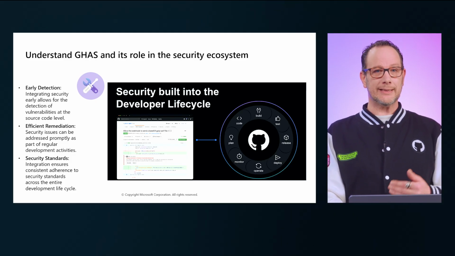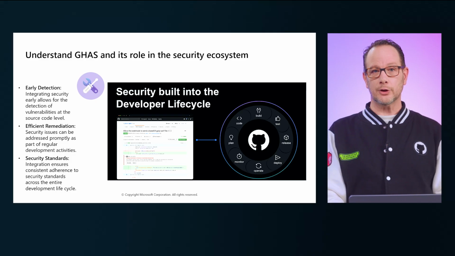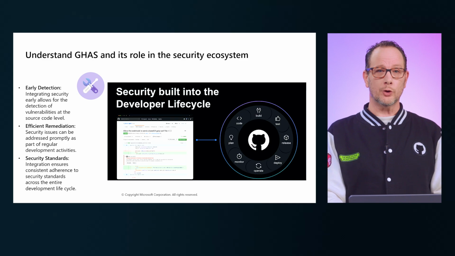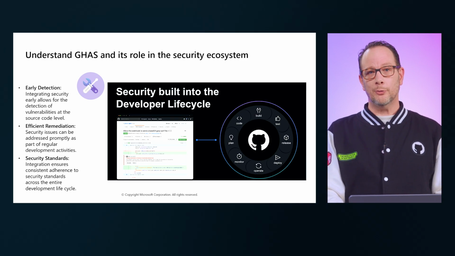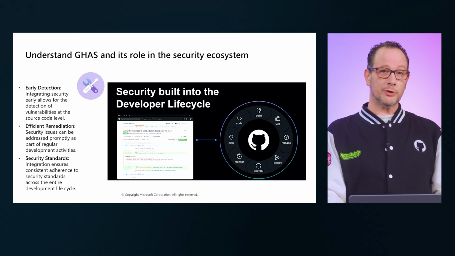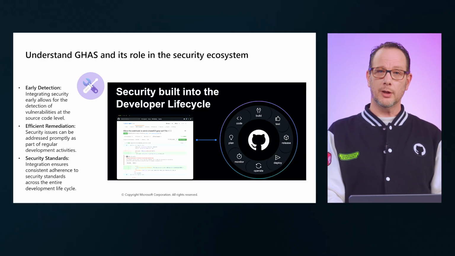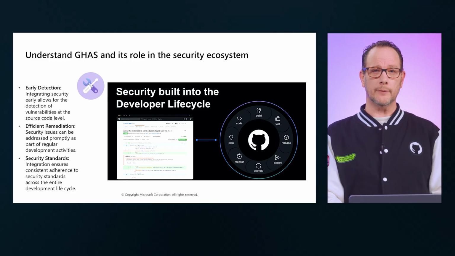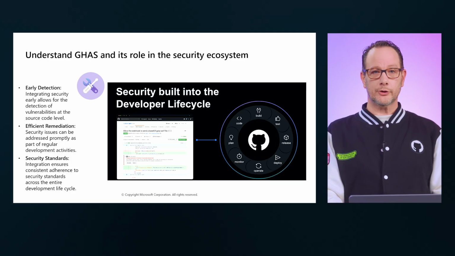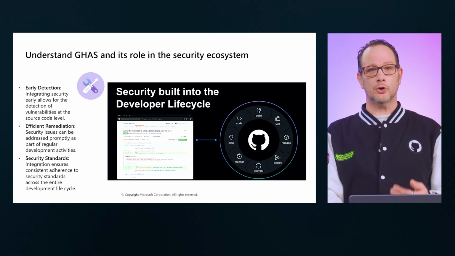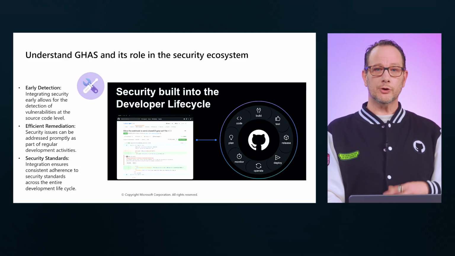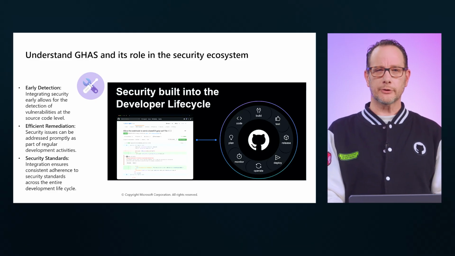This ensures consistent alignment to your security standards across the entire development lifecycle, fostering a proactive security culture within your development team. In the end, GitHub Advanced Security empowers DevSecOps teams to prioritize innovation, enhancing developer productivity without sacrificing security. Automated security checks are run with every pull request, surfacing issues in the context of the development workflow, so vulnerabilities are fixed in minutes, not taking months.